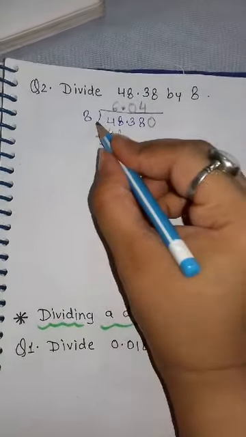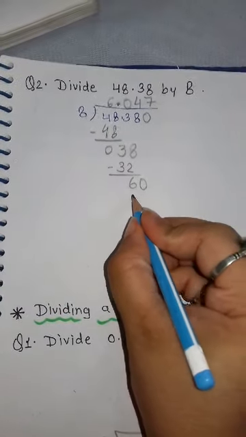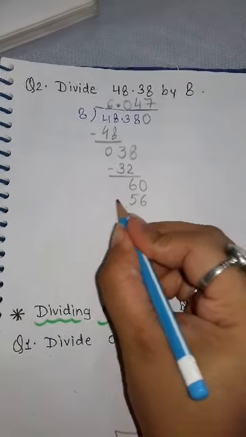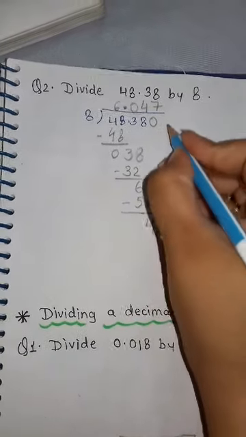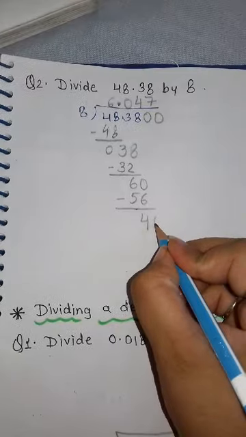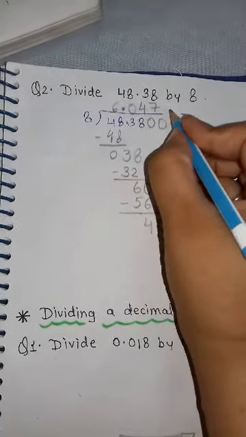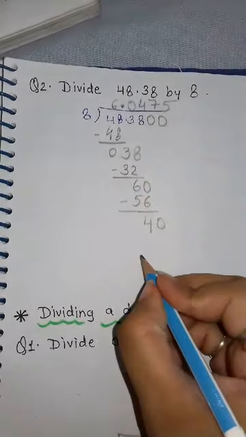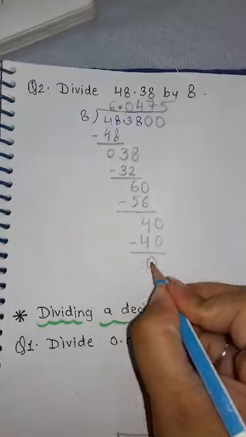Next, 8 7s are 56. Subtract, again remainder 4. We put 0 again in the dividend and here 8 5s are 40. Subtract, 0.